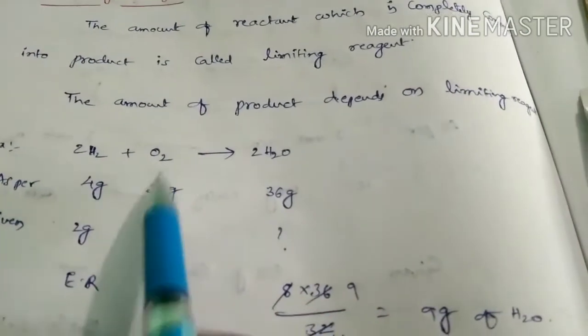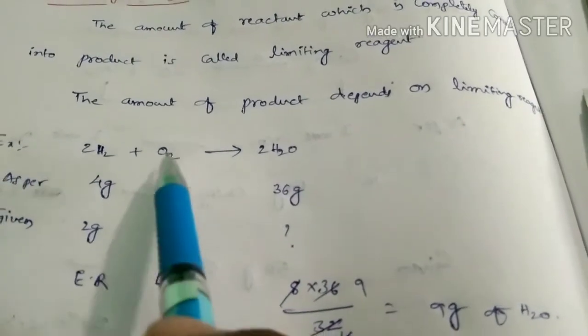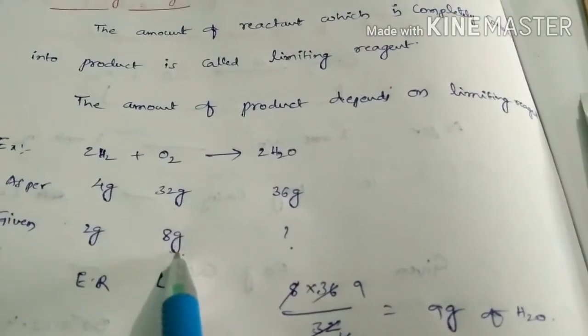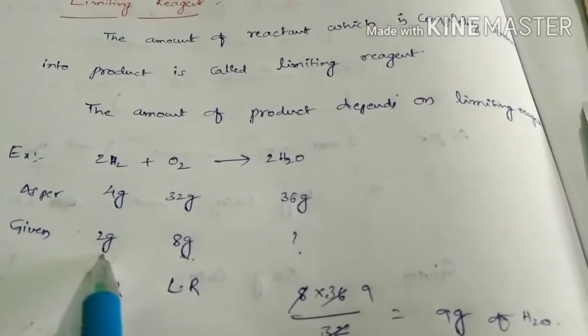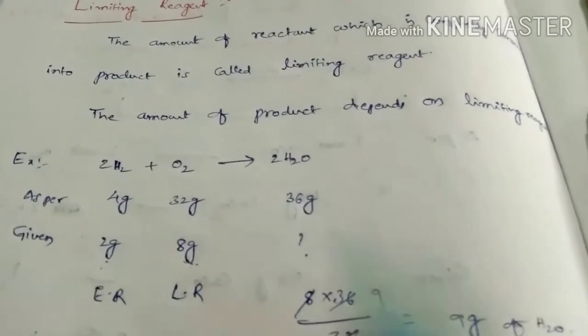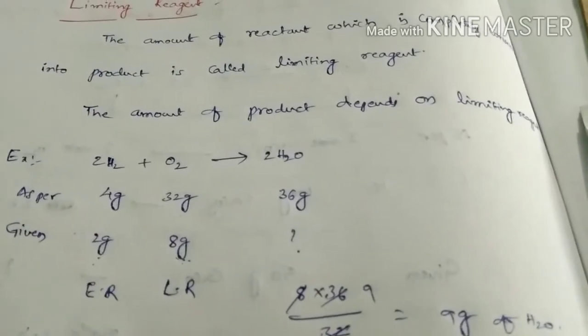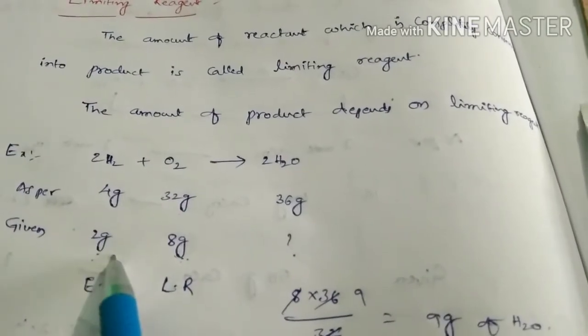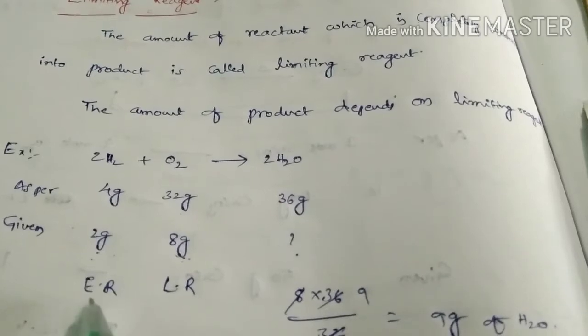So in this reaction O2 is the limiting reagent. If O2 is the limiting reagent, automatically H2 will be the excess reagent. Or by calculating the value for H2, we also get an idea about the excess reagent.